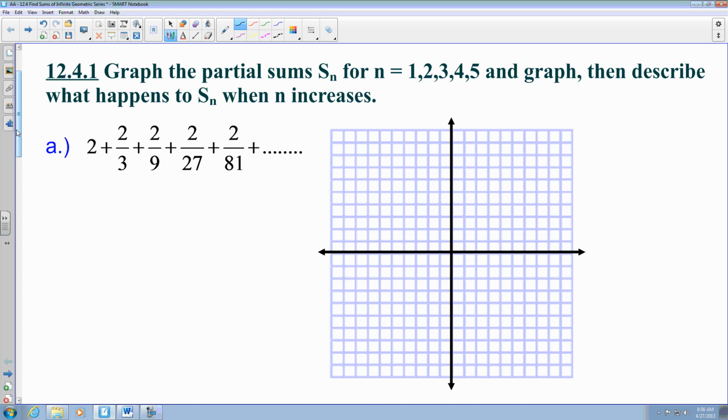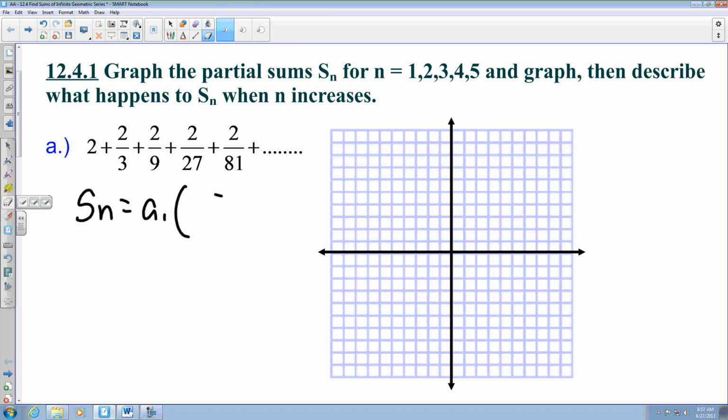If you remember from yesterday, our equation to find a finite series was S of n equals a sub 1 times 1 minus r to the n power, divided by 1 minus r.